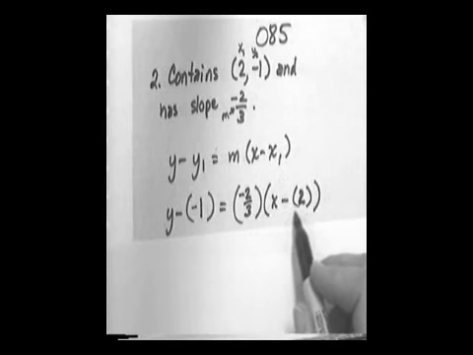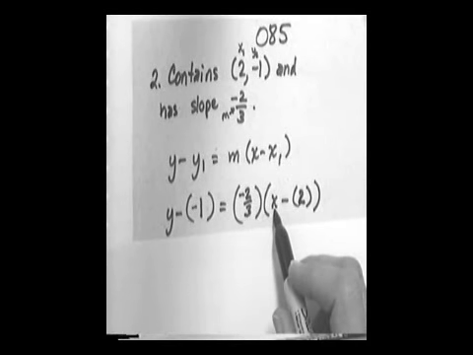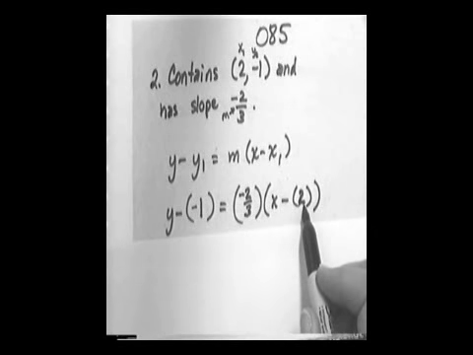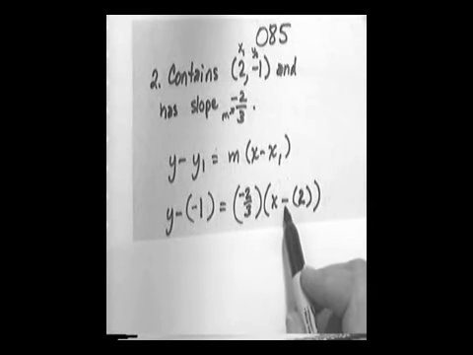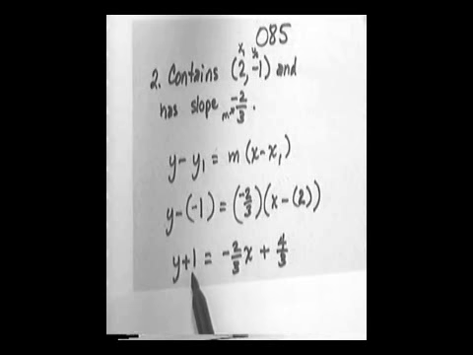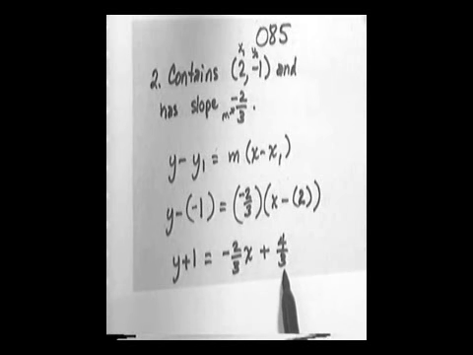Negative 2/3 times x subtract 2 means negative 2/3 times x, which is negative 2/3 x. Negative 2/3 times 2 is negative 4/3. Subtracting negative means adding positive. And so we have y plus 1 equals negative 2/3 x plus 4/3.